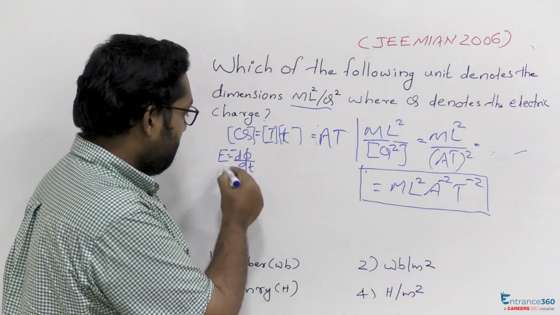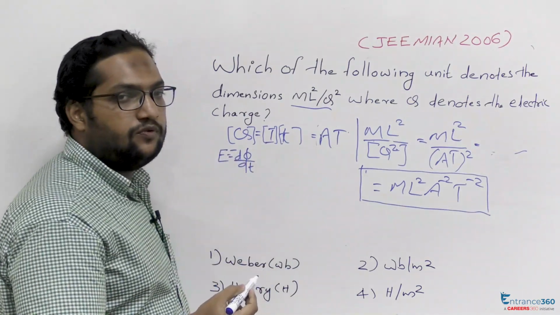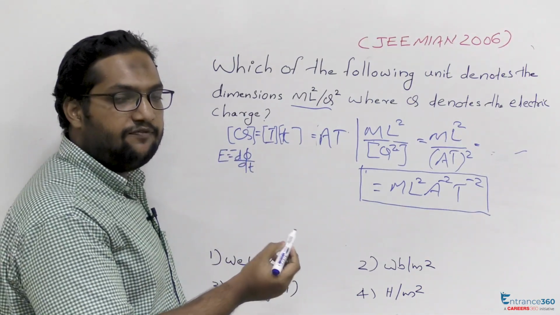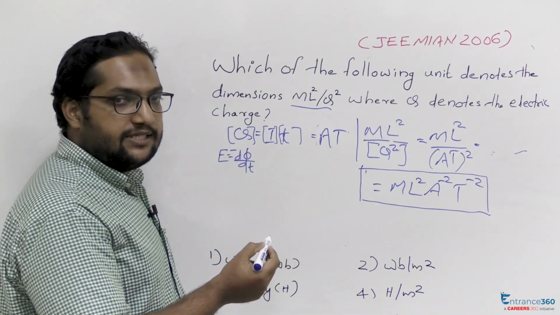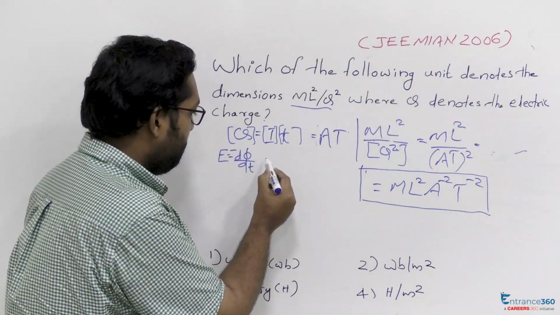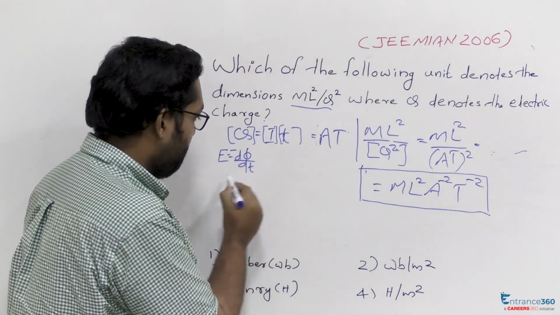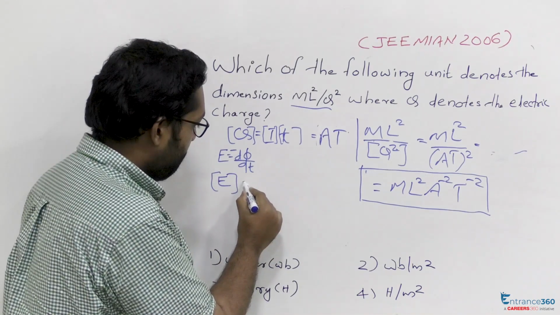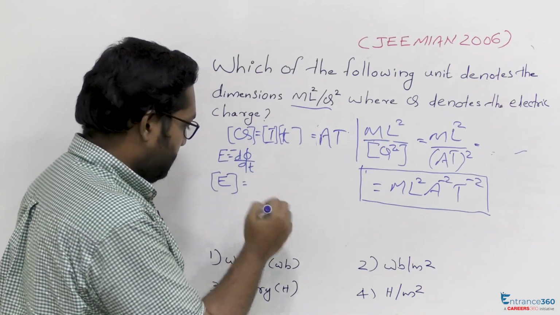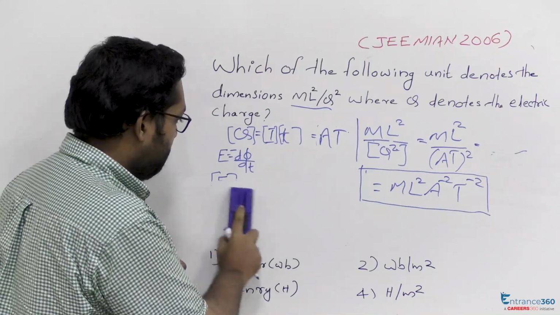EMF is work done to move a unit charge, so EMF is work done per unit charge.